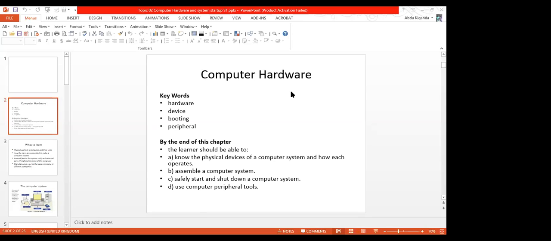Okay. Then I wrote a scanner. A scanner is used to transfer the image with hard copies.